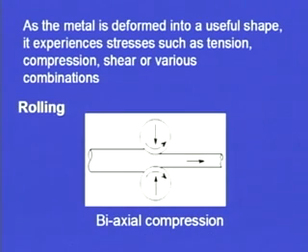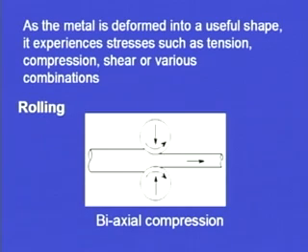Now, as the metal is deformed into a useful shape, it experiences stresses such as tension, compression, shear or various combinations. As we have seen in the previous slide, there are different combinations of stresses possible, like biaxial tension, biaxial compression, or a combination of these types of stresses.